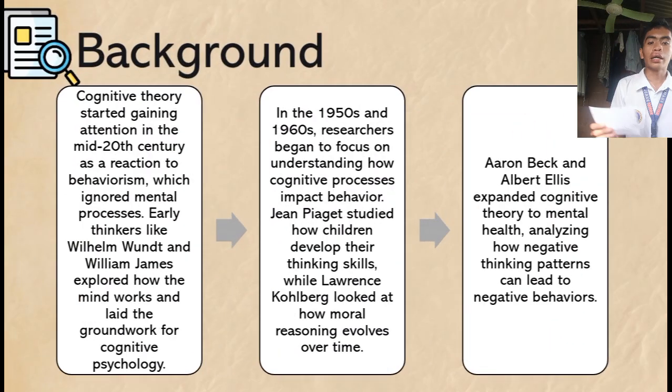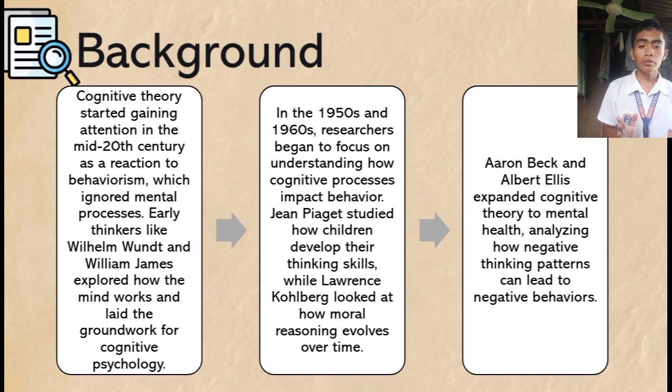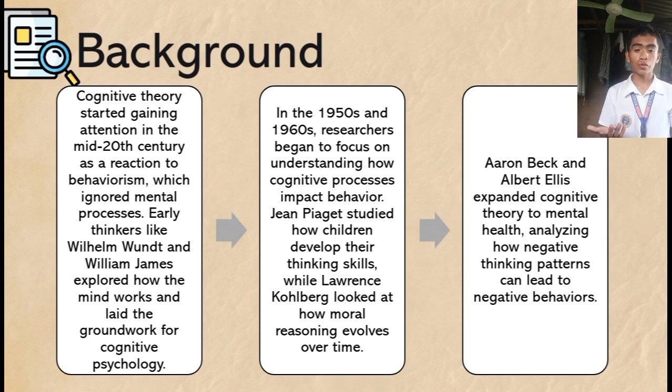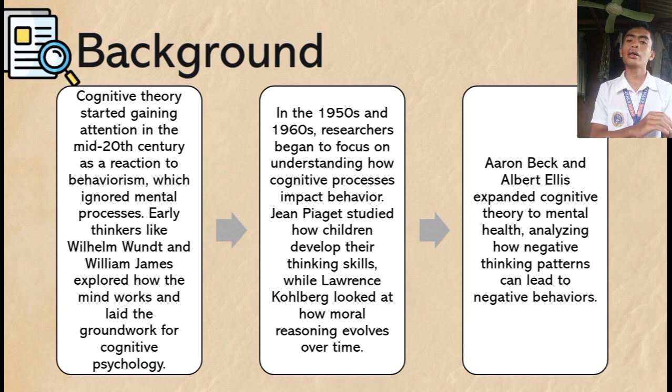So, now we're going to talk about the background of cognitive theory. Cognitive theory started gaining attention during the 20th century as a reaction to behaviorism, which ignored the mental processes.